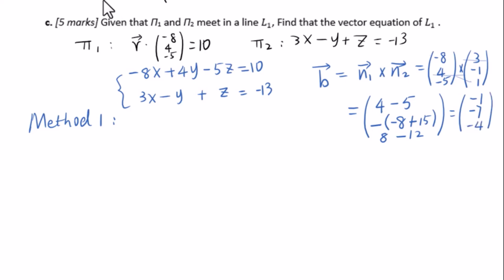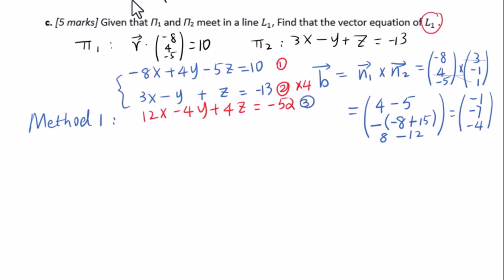Then we need to figure out the position vector on L1. We will solve this system of equations by getting rid of one variable. This is the first equation, second equation. Second equation times 4: 12x minus 4y plus 4z equals negative 52.